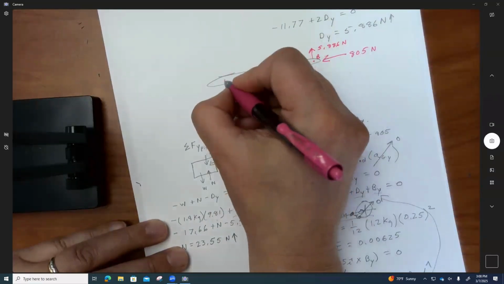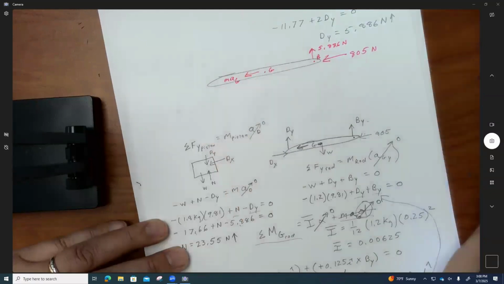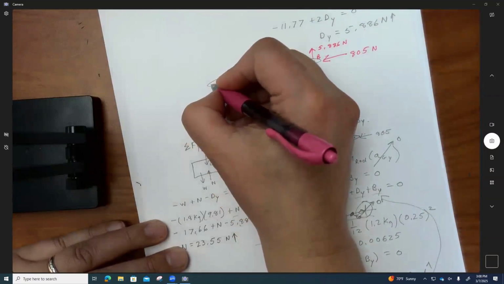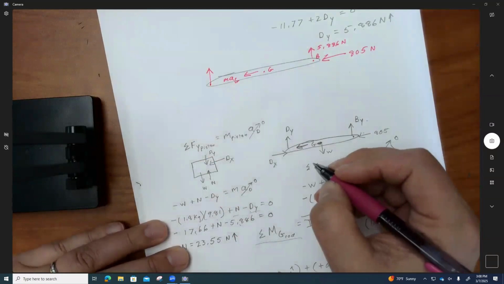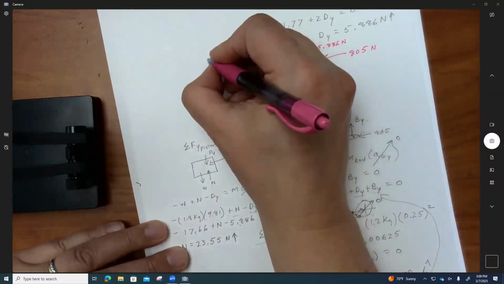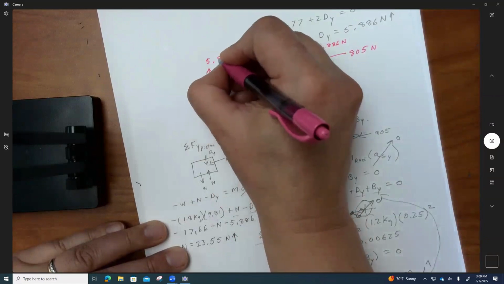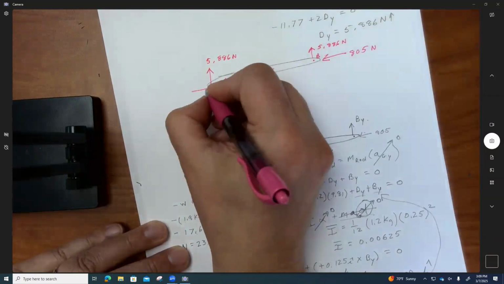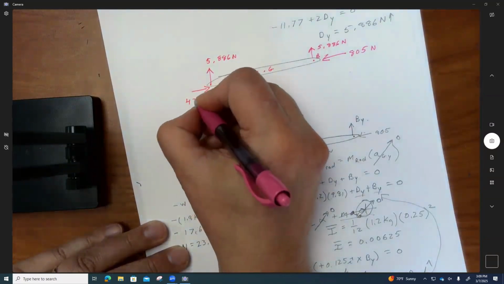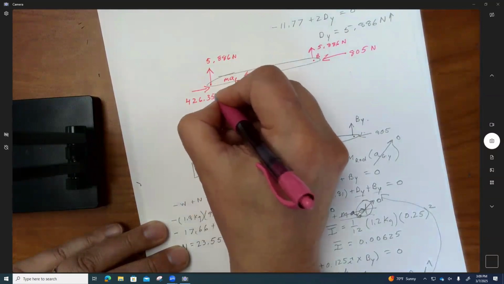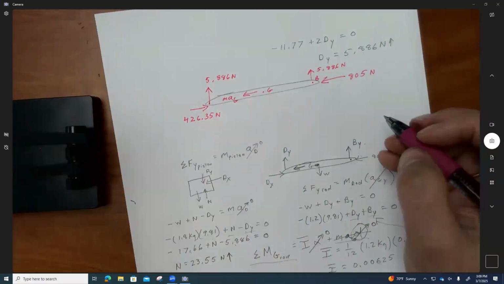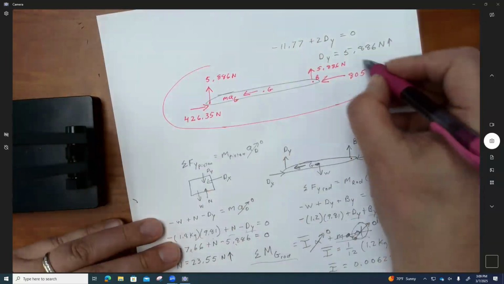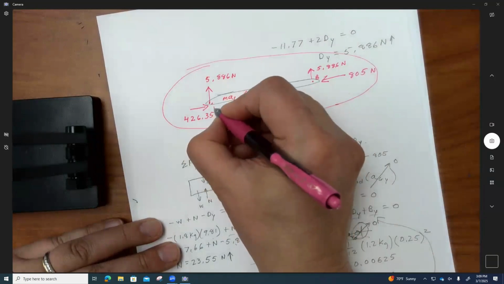We would have our mass times the acceleration of the center of mass, we would have our value for Dy, which would be equal and opposite of what's going on at the piston, so that would be 5.886 newtons. And then we have our Dx, which is going to be 426.35 newtons. Those are all the forces that are acting on rod DB.